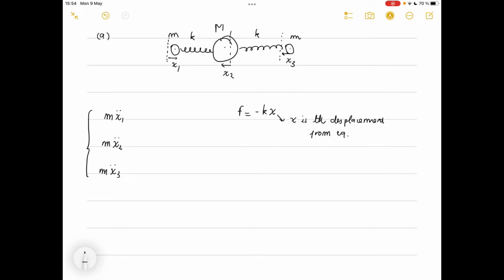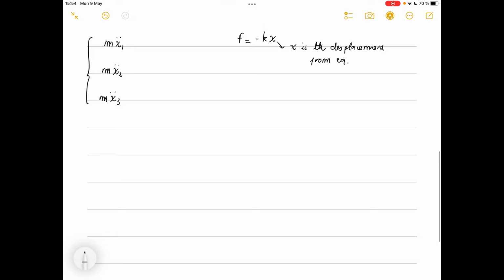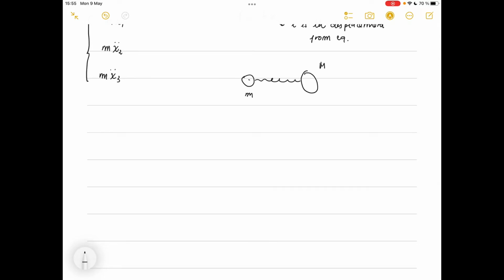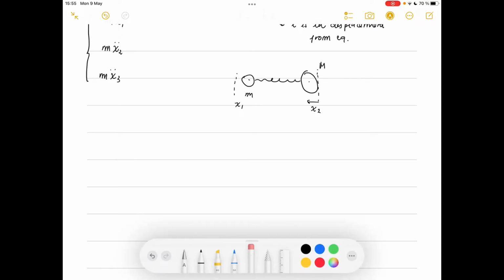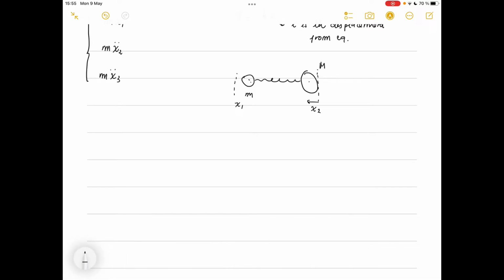For example, if we look at the first particle, this one, connected to the bigger one of mass M, or not necessarily bigger, but just of a different mass, we see that the stretch in the spring from the equilibrium would be x1 minus x2.